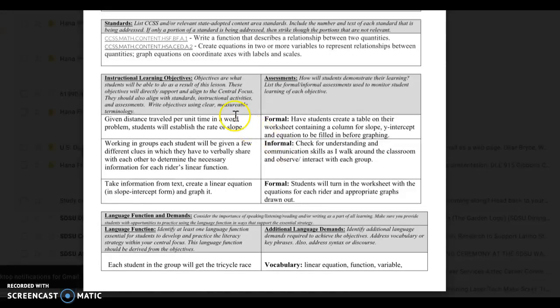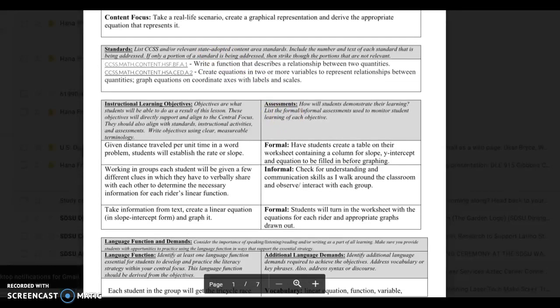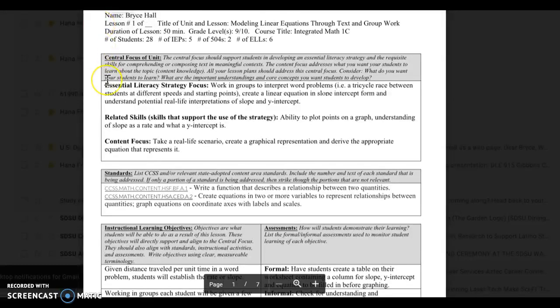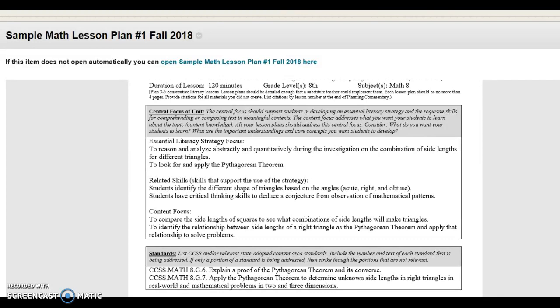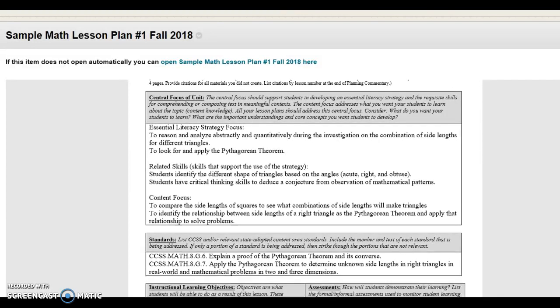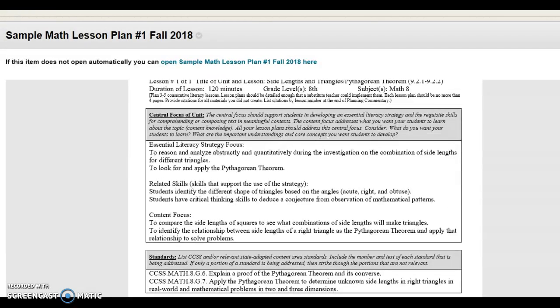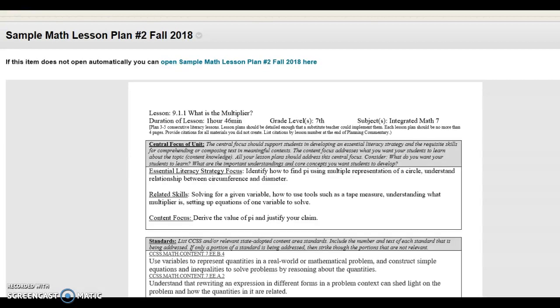Next we get to the instructional learning objectives and assessments. Filling this out for my very first time, I did revert to the sample lessons that you had provided us, which were a big help. This is the first sample lesson, this is the second one.